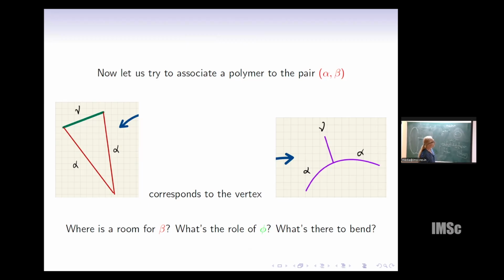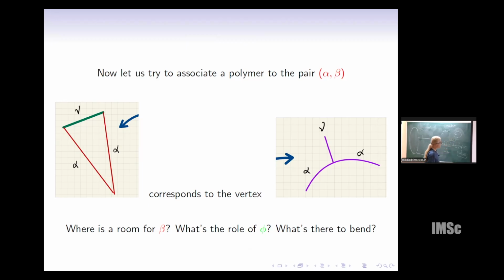Following the rules of associating polymers to trivalent graphs, I would associate a triangle to this vertex. One side of this triangle is fixed, this parameter nu, which comes from the Wilson line. And these other two sides, which are equal, are the eigenvalues of the electric field.